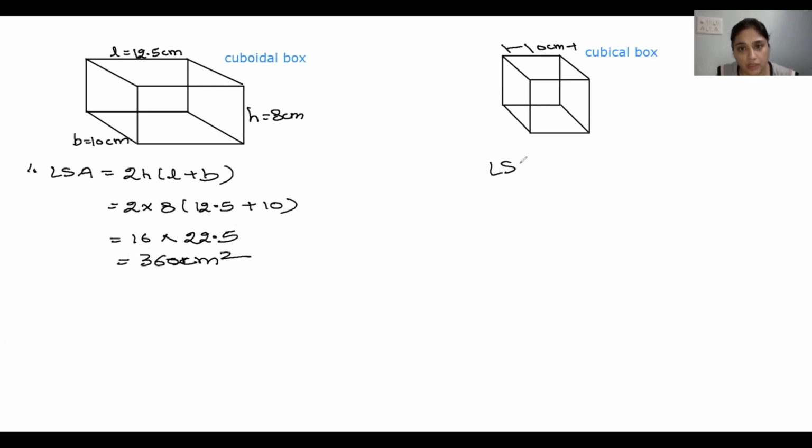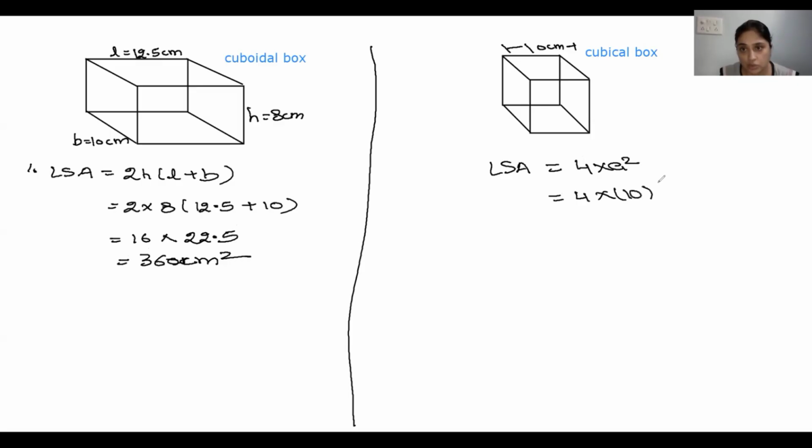अब we are going to calculate the LSA of a cube. A cubical box, we can make a partition wall also. So LSA of a cubical box is 4 into A square. So which is 4 into 10 square bacha, which will give us 400 centimeter square. So what do we need to do?